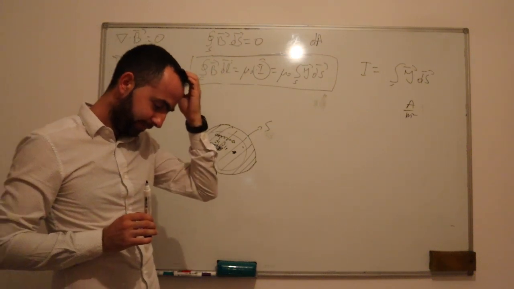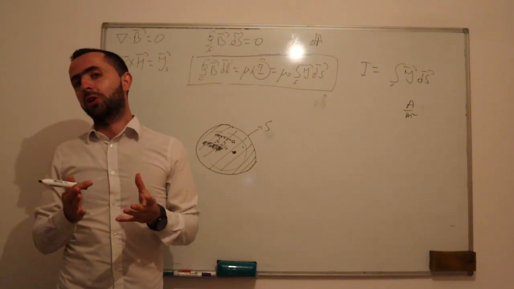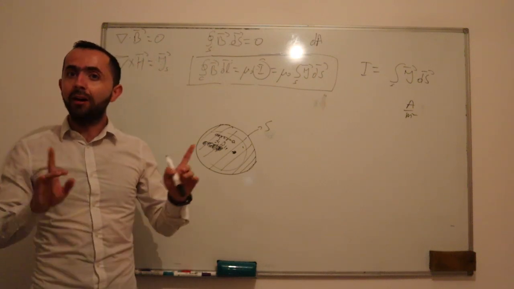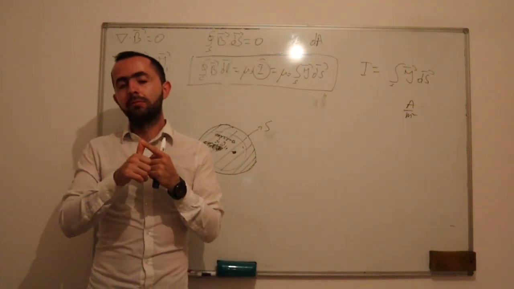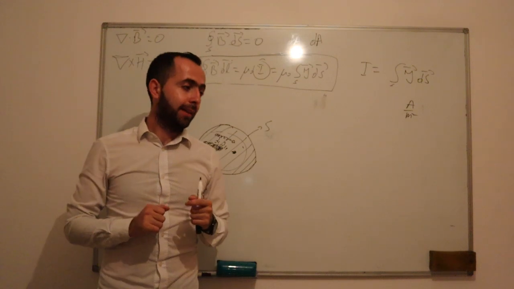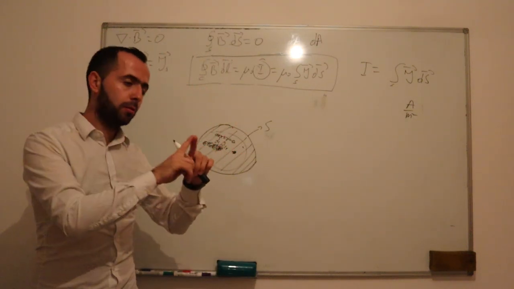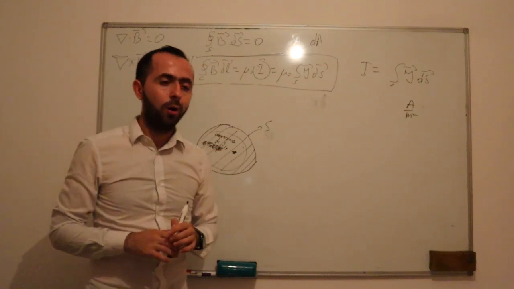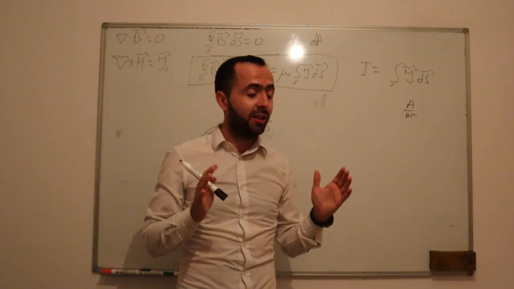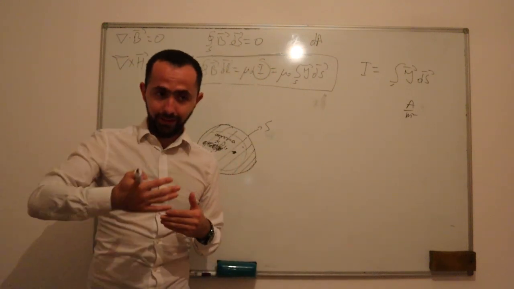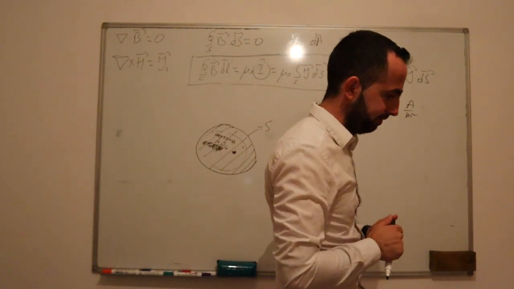So, first, what is a vector? A vector is everything that has an amplitude, that has a line on which it has its amplitude, and does have a direction.